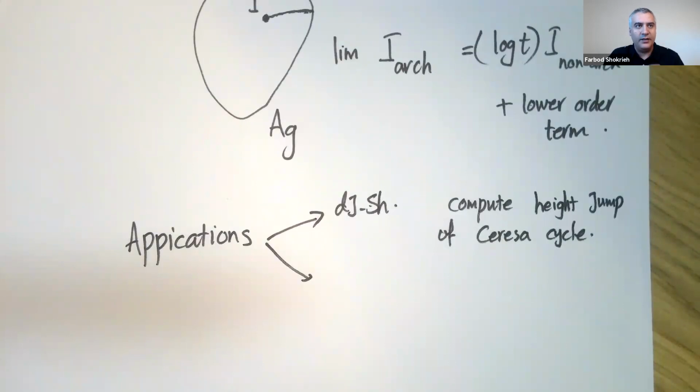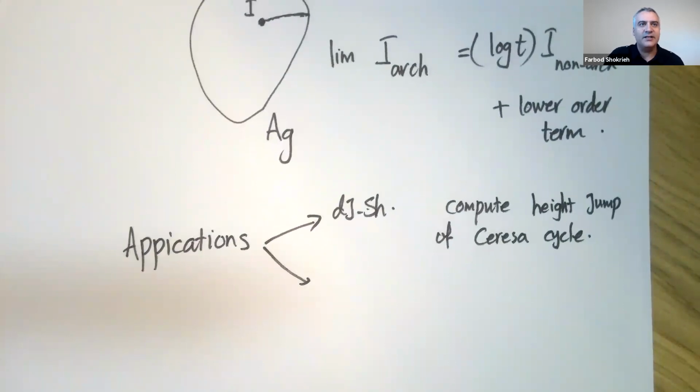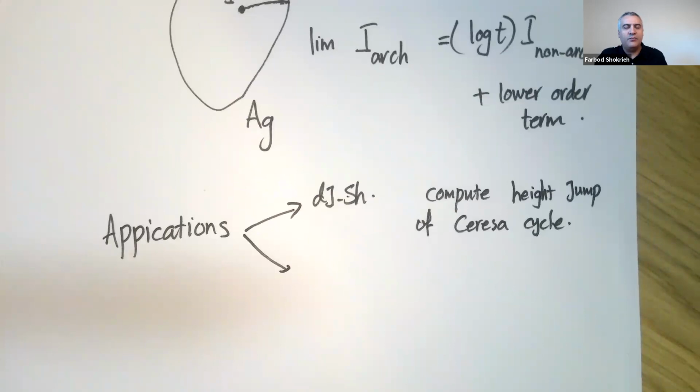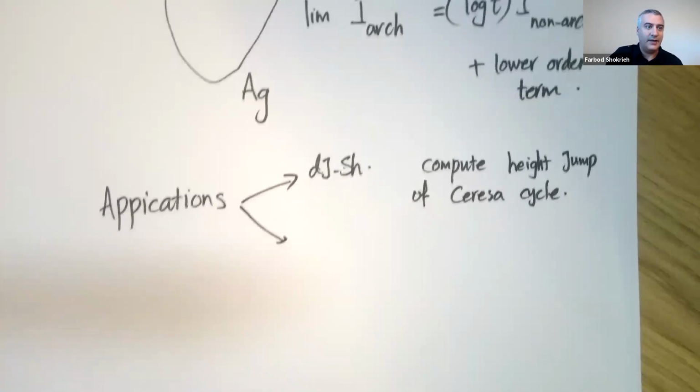I don't want to give the definition of the Ceresa cycle and what I mean by height jump, but for experts, there's this Beilinson-Bloch height pairing or bilinear form that you can feed the Ceresa cycle into and self-intersect and get a number, and it turns out it jumps as you go to the boundary, and we can compute that combinatorially very explicitly.